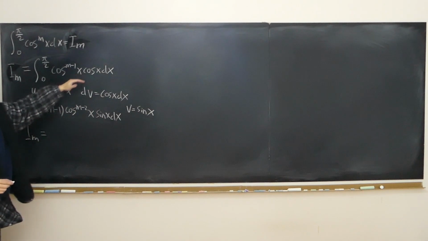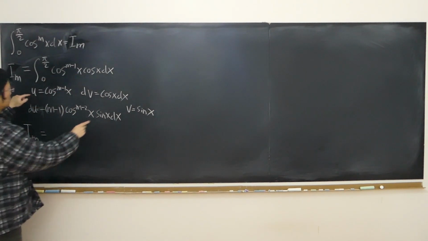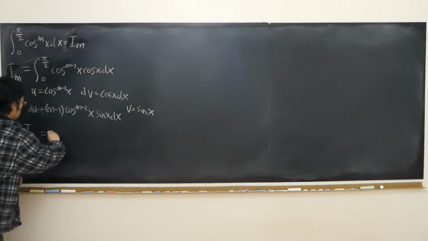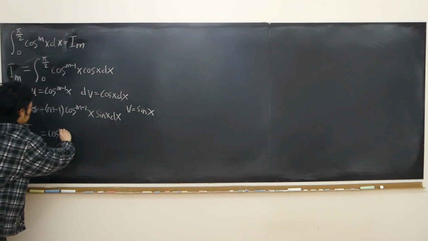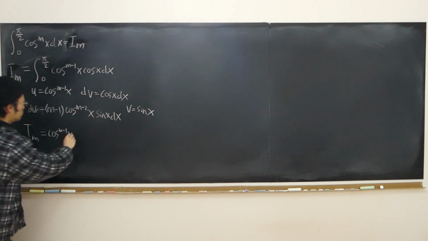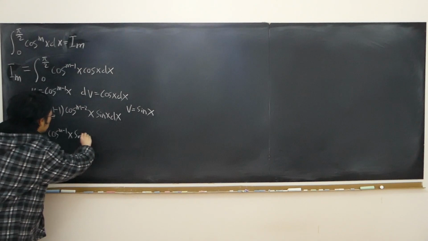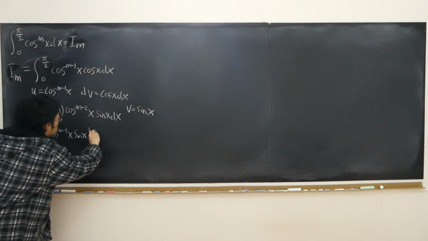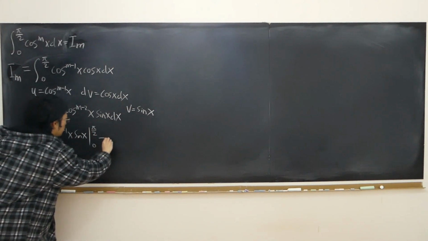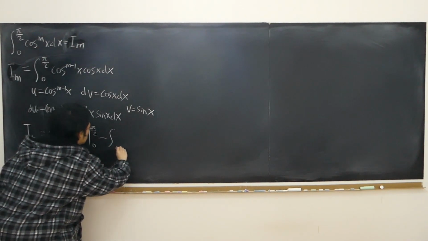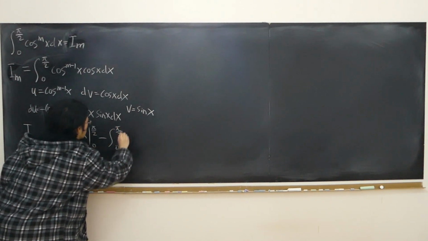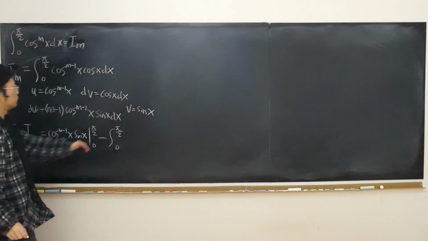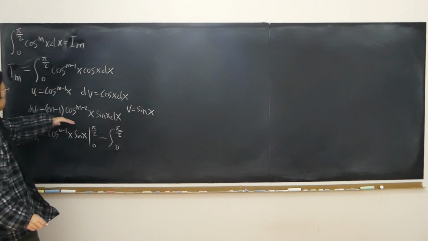So u times v, so cos to the power of m minus 1 x times v, sine x, from 0 to pi over 2, minus the integral of v du, v times du.